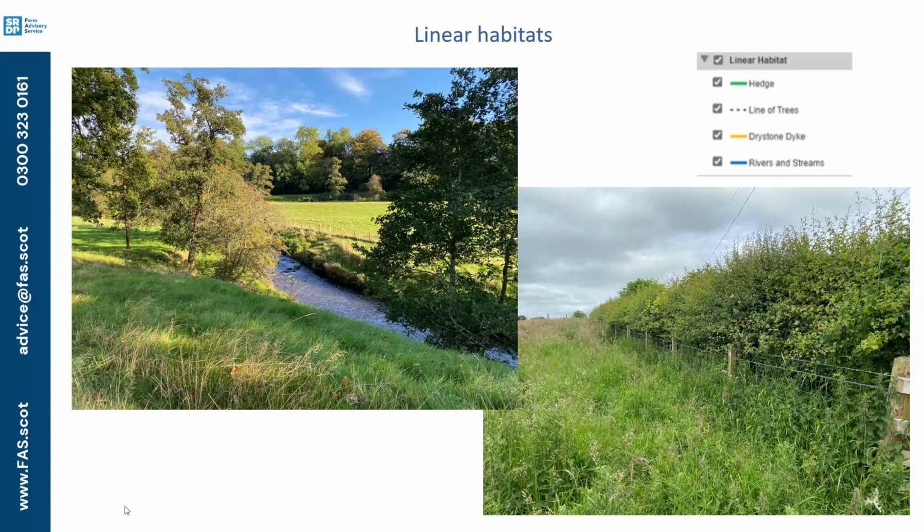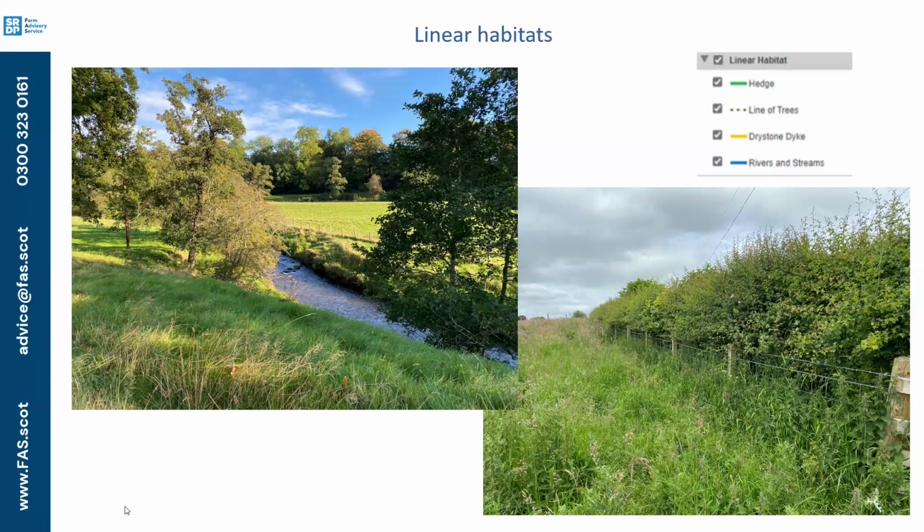In this example as well, you can see, without being able to pick out what the species are, that there's a variety of species within that hedge, which is also beneficial for biodiversity. It looks like it's mostly hawthorn and blackthorn, but going along, there's probably some rose and things as well. And if you can, it's worthwhile trying not to cut the full length of the hedge every year. In this example, it's obviously onto quite a rough grass field on the inside of the fence.